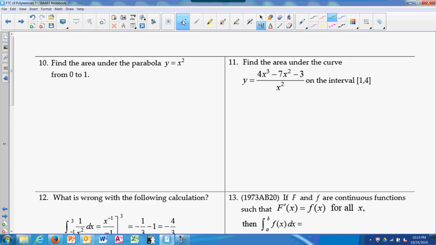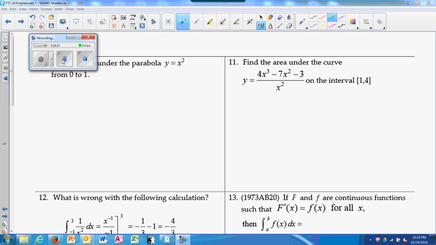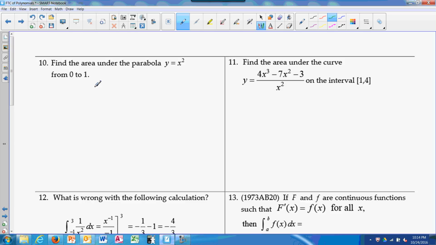So, for example, we're finding the area under the parabola y equals x squared from 0 to 1. So graphically, what we're looking for is the y equals x squared graph from x equals 0 to x equals 1. So we're looking for an area that we can't find with regular geometry, at least not exactly.